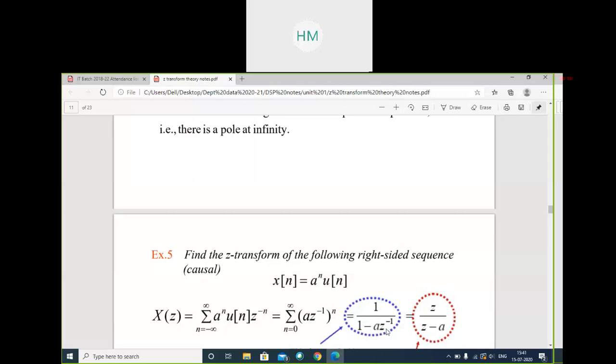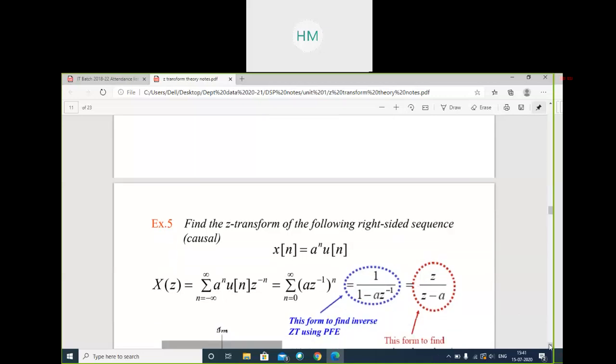We simplified one numerical earlier, x of n equal to u of n, and there I got the z transform as z upon z minus 1, or 1 upon 1 minus z inverse. Here I have this a, so I have to put a z inverse, or z upon z minus a. This is my z transform.